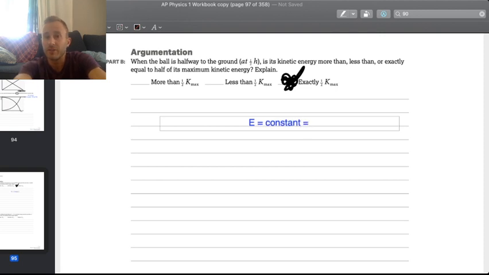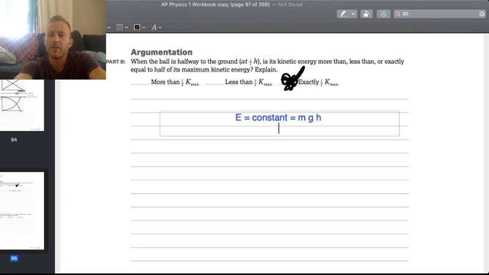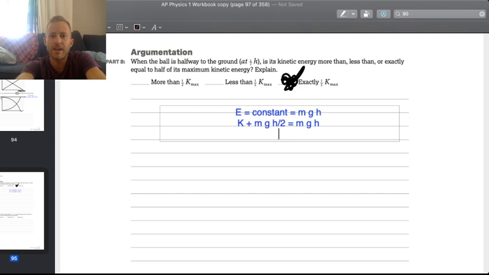The initial energy is mgh. The final energy, if we've fallen halfway, is K plus mg times h over 2. So K plus mgh over 2 equals mgh. So we can see that K is equal to mgh over 2, half of the initial energy. So it has exactly half.